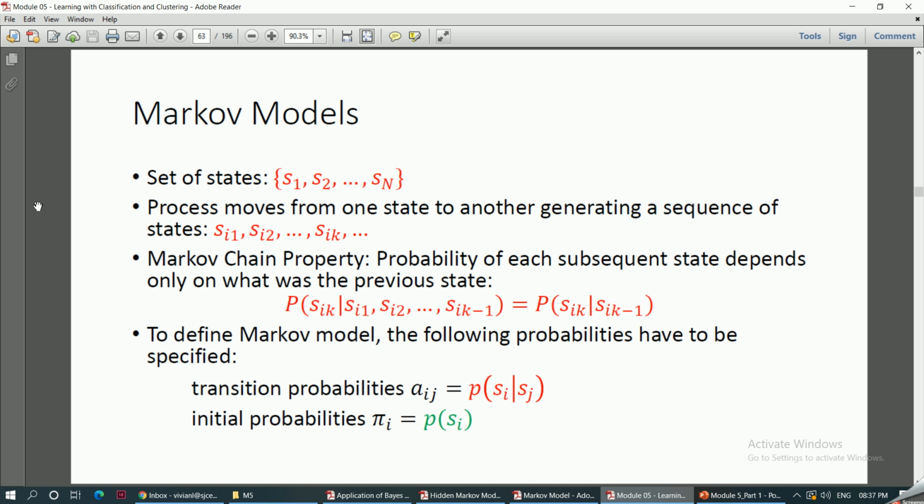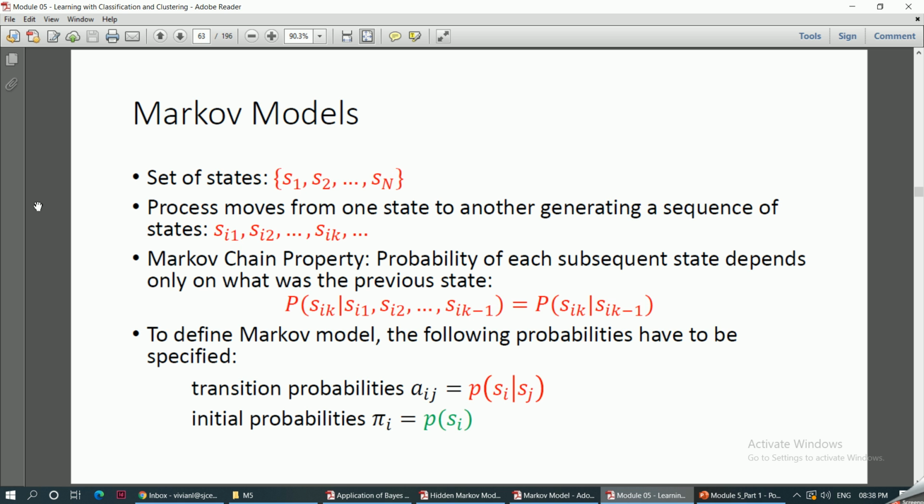You might have studied states in your TCS, Theory of Computer Science. So a Markov model is a set of states S1, S2 to Sn, and the process moves from one state to another, where we generate a sequence of states.